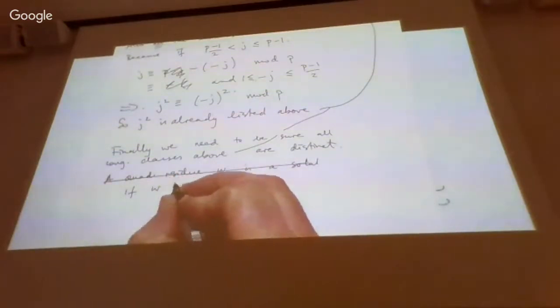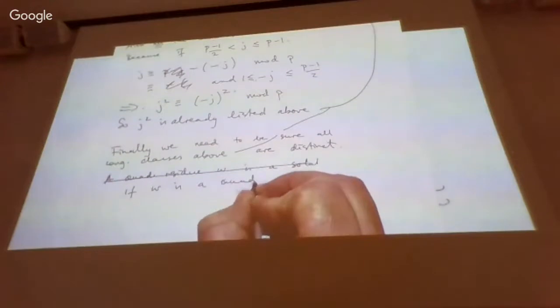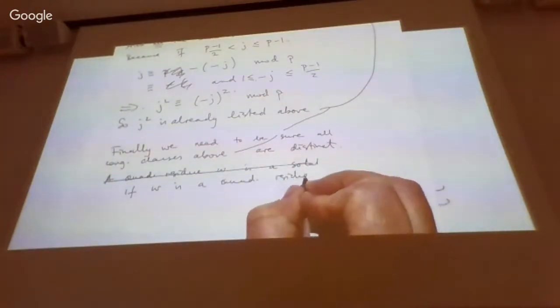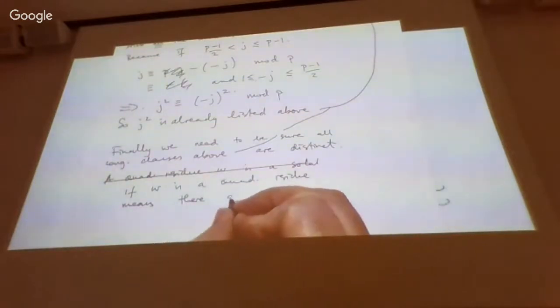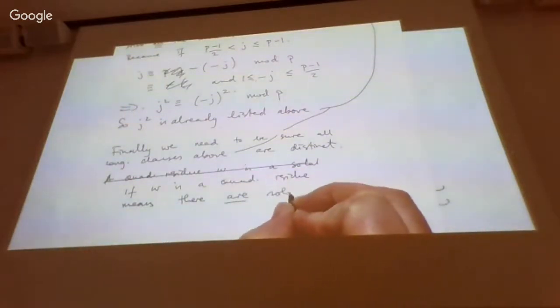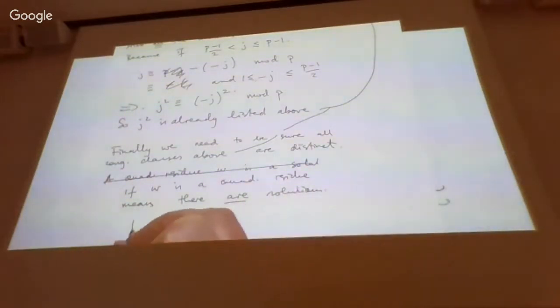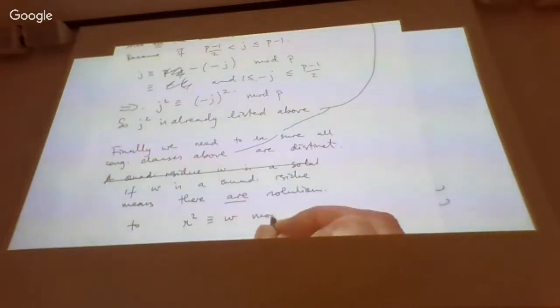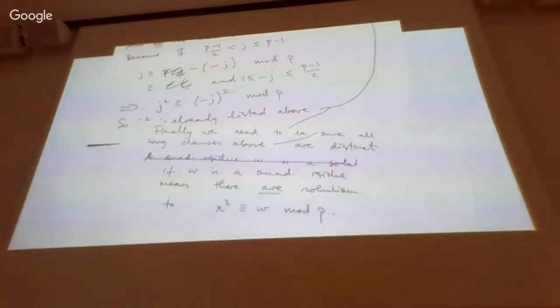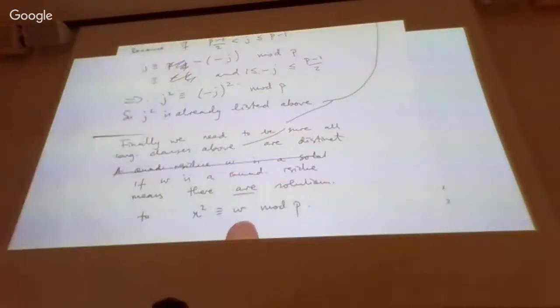If W is a quadratic residue, this means there are solutions to x squared congruent to W modulo P. In the definition we wrote down at the beginning of this lecture, that would be the U. U would be one of the solutions.